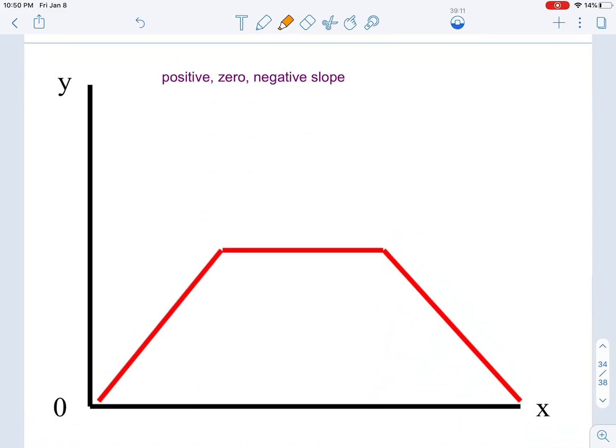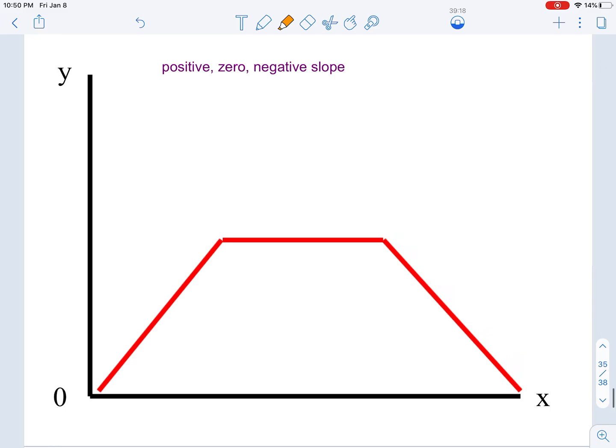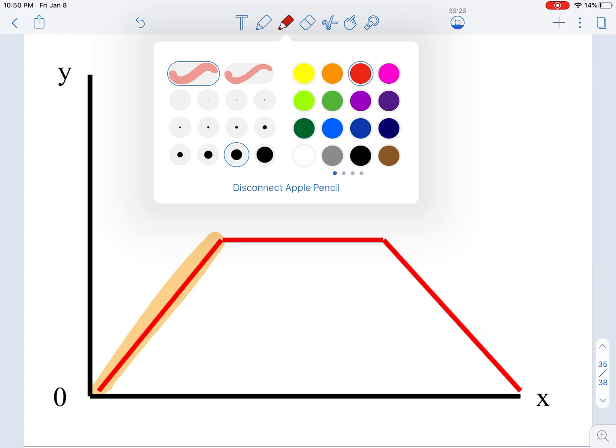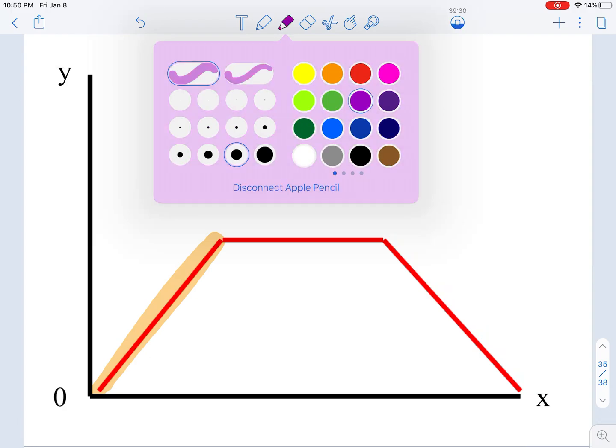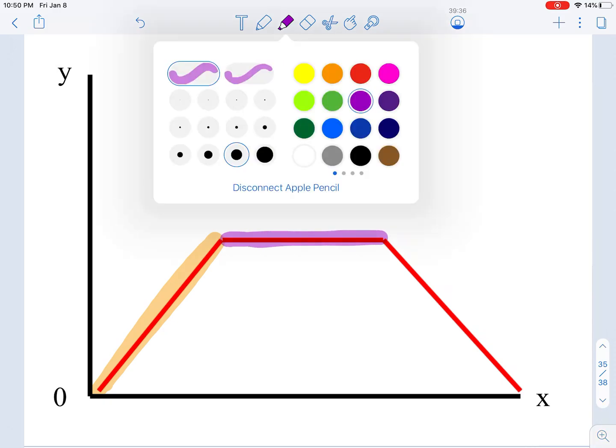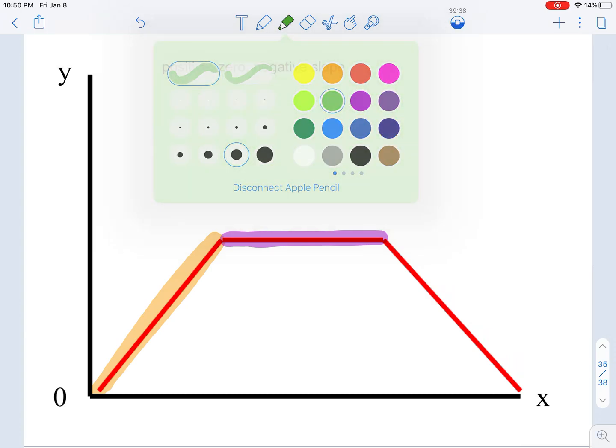For something like this, I would like for you to see that we have identifiable sections. Again, there are no numbers here, but we can clearly see that there is a segment here with some steady slope, and then my slope changes. So let's not pick the same color. So for this segment, I have a different slope value, which in this case happens to be 0.